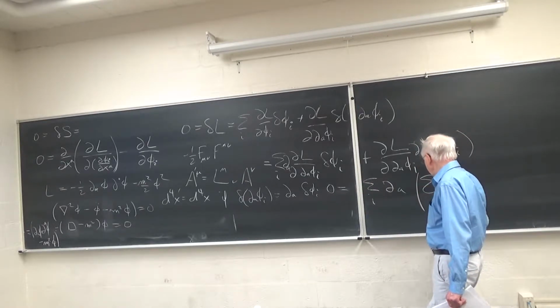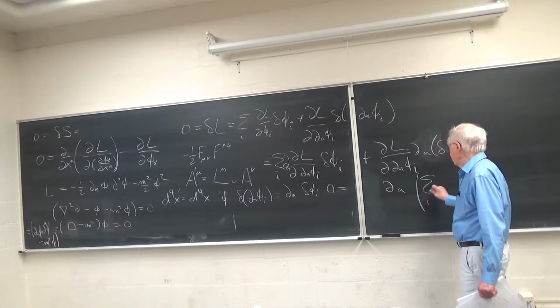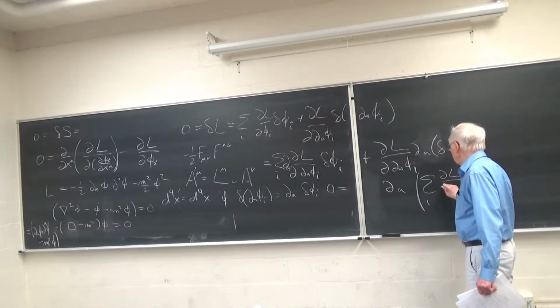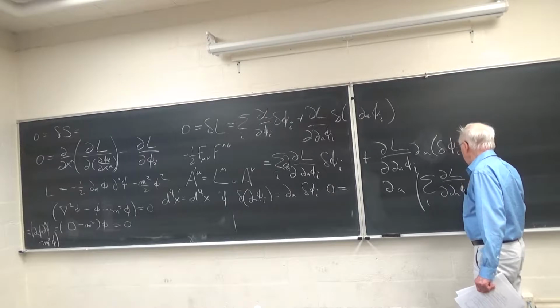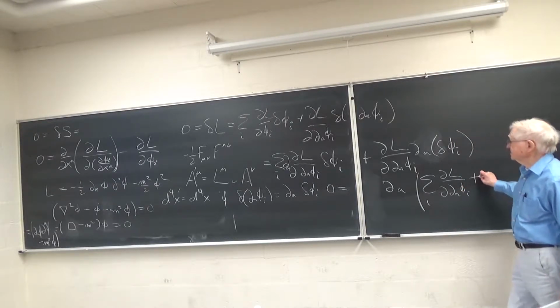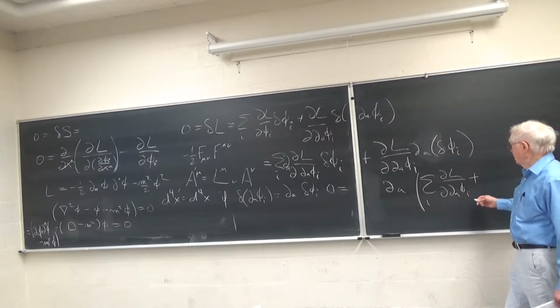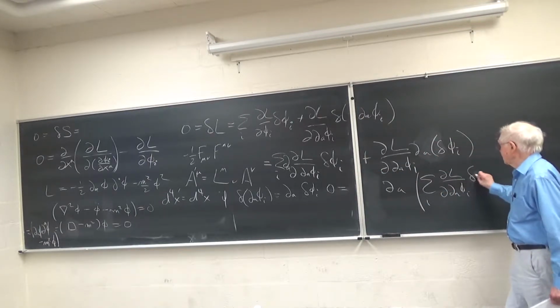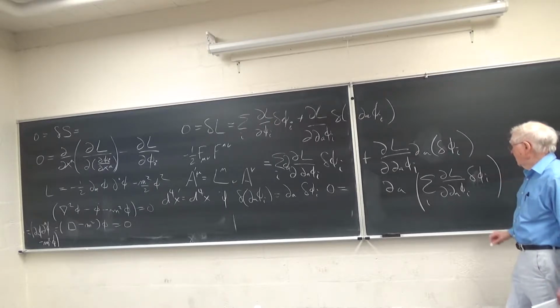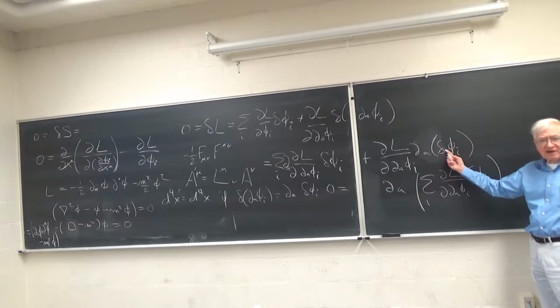It's the derivative of the sum on I of partial L partial with respect to the derivatives of phi I times the change. So the change goes here, and when the derivative acts on the second term, you get this.